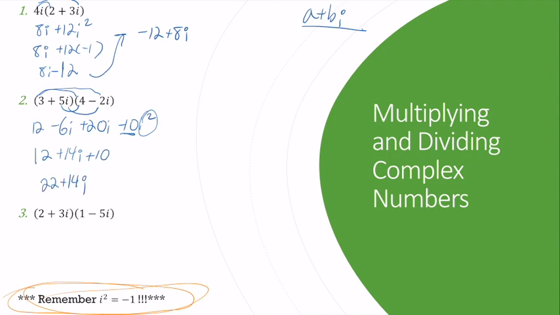Let's try that again. 2 times 1 is 2, minus 10i plus 3i minus 15i squared. That gives me 2 minus 7i plus 15, because i squared is -1. Final answer would be 17 minus 7i.